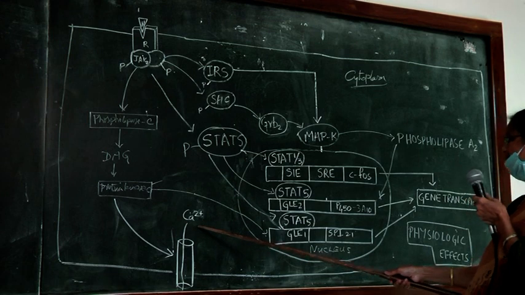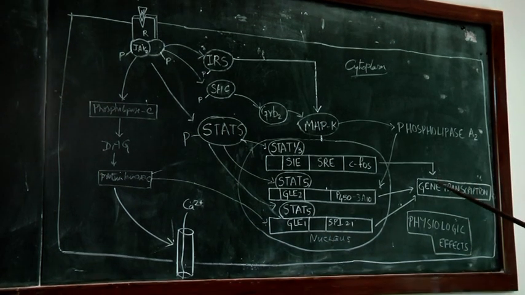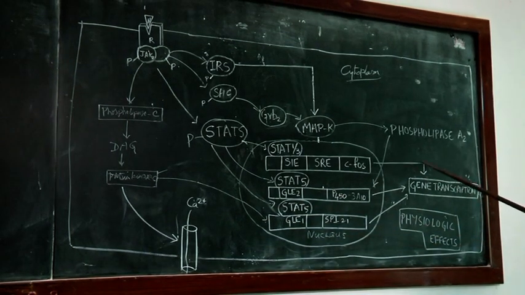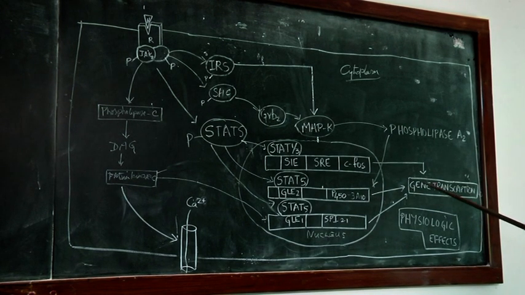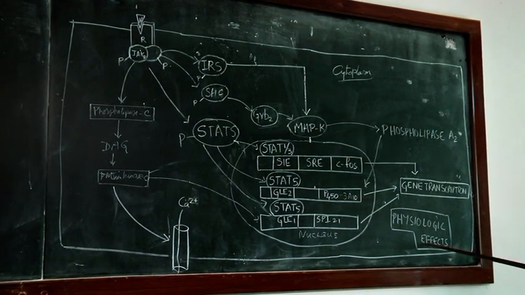The calcium again will result in the gene transcription. So finally, our important action of the growth hormone is gene transcription by various mechanisms, and that results in the physiological effects of the growth hormone.